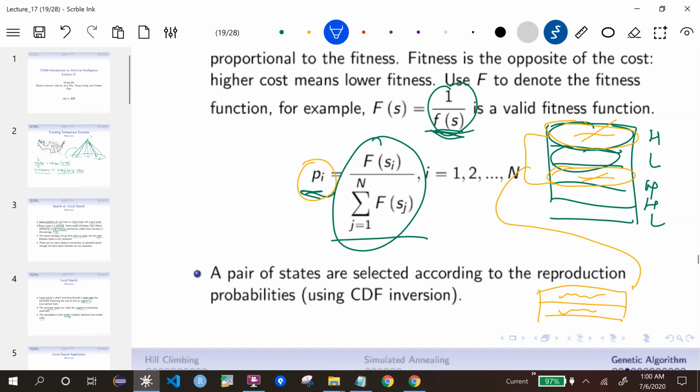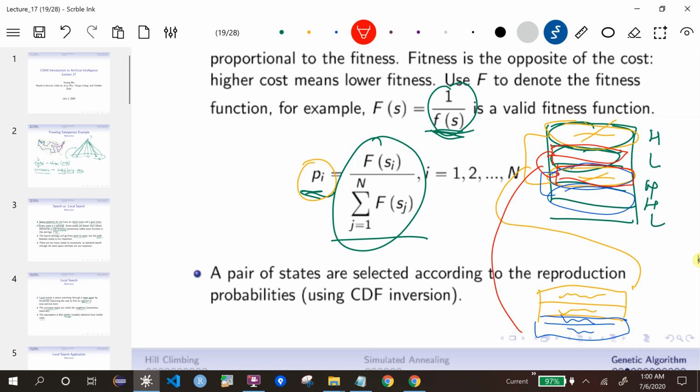Then we do the same thing again because we want to keep the same population size. The next time maybe we pick this as a parent, maybe we pick the same one, it's okay. We combine them and get two children again. With some smaller probability, we can actually pick the one with low fitness, and maybe that one again, and we combine them and get two children.